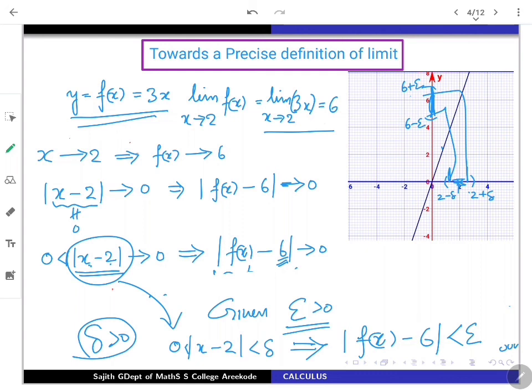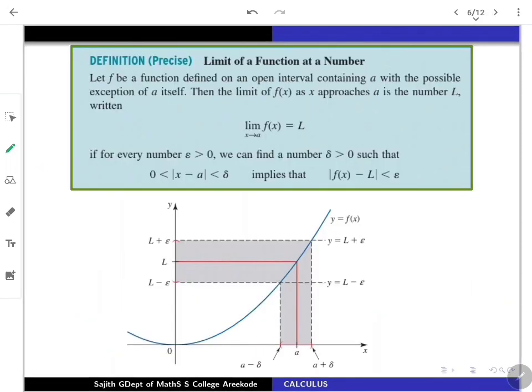So we are at the stage of giving a very precise definition of a limit. The definition says, start with any function y equals f of x. Obviously, we are not compelling that it should be defined at a.